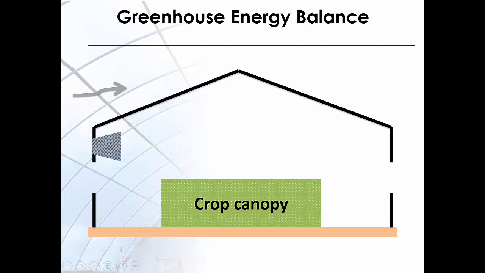So far in our presentation, we discussed the energy and mass flows to and from the greenhouse system and how they affect air temperature or water vapor concentration in the greenhouse environment. Then we discussed how such energy and mass flows can be quantified.